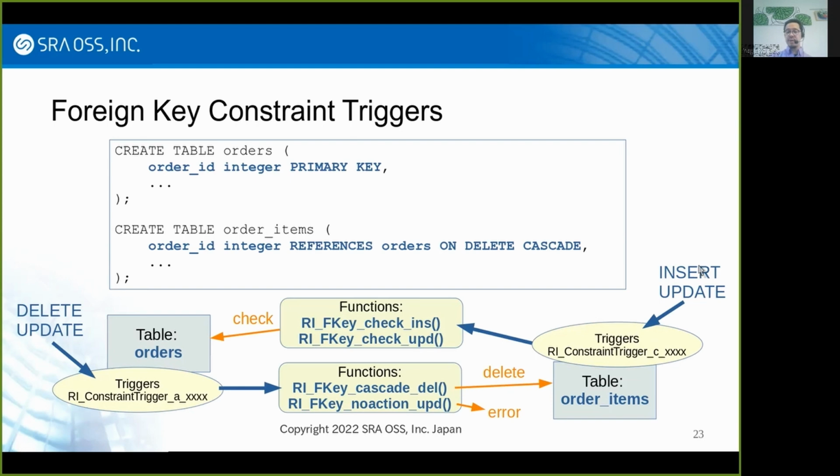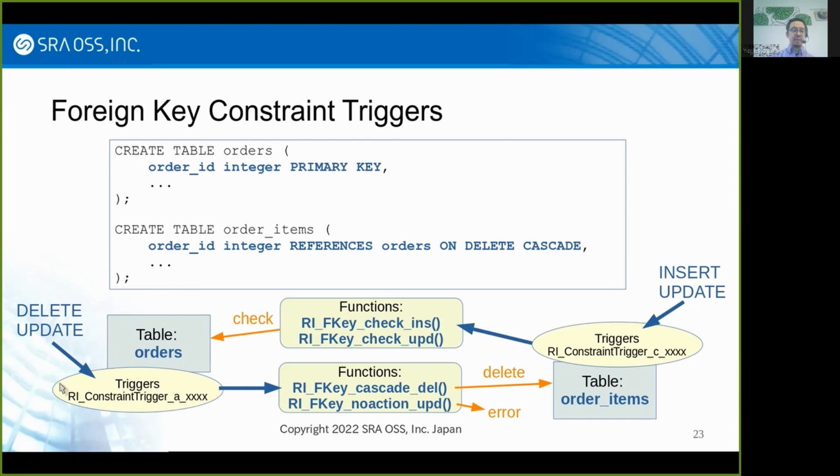So when some key is inserted or updated in the order_items table, this constraint trigger is fired, and such functions are executed, and it is checked if the key exists in the orders table.